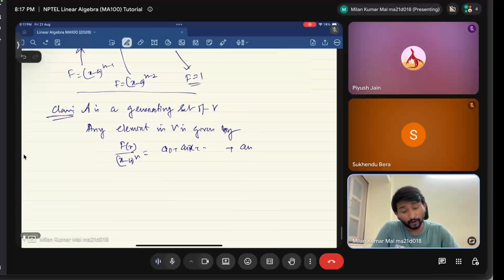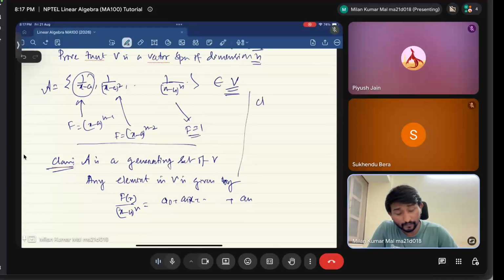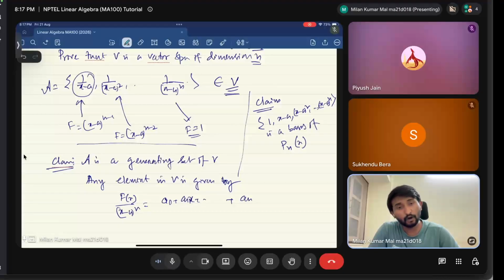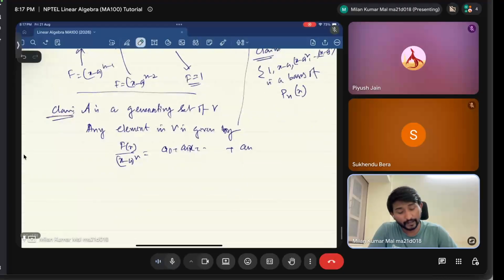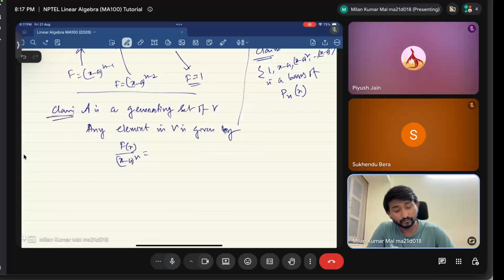Okay, so here is the point. Another claim, I am not proving this: 1, x minus a, x minus a square, all the way x minus a to the power n is a basis of the space of all polynomials P n of x of degree n. So that's why I can write any polynomial.